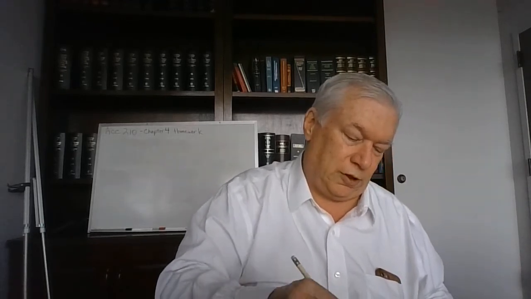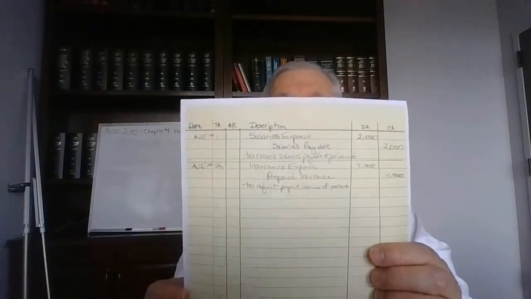And what are we going to say is the description for this? To adjust prepaid insurance at year end. Okay, and so that's our second entry.